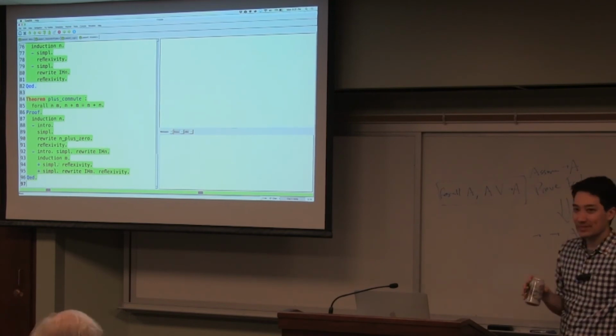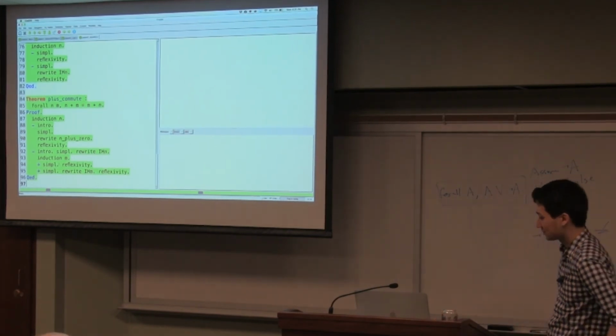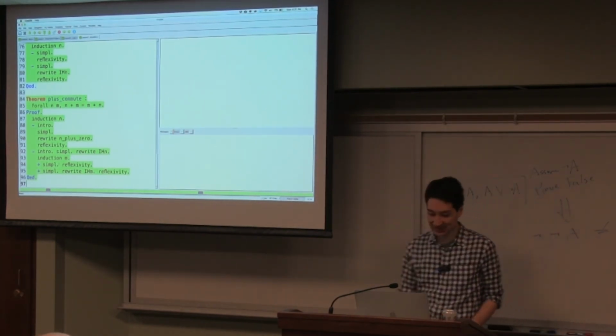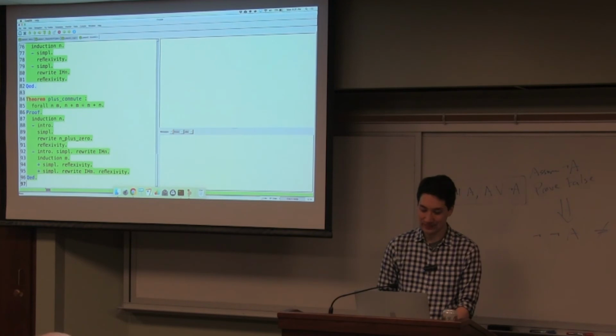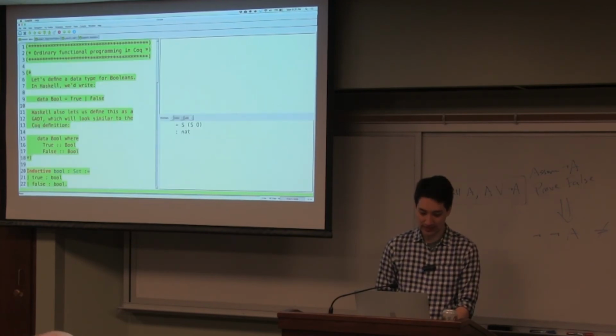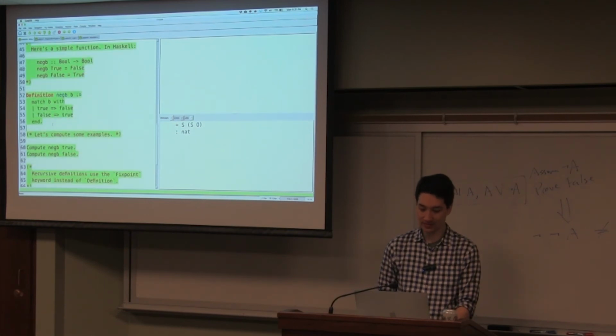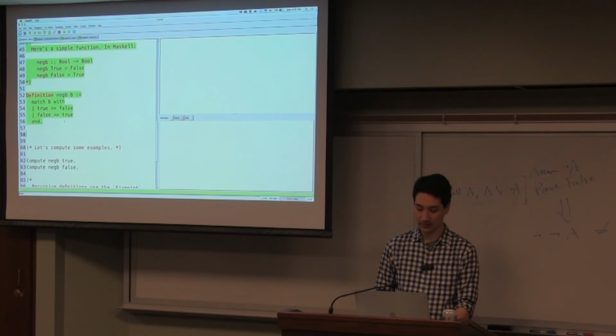Can you show what kind of code it generates when you extract? Yeah, if I can remember the syntax. Okay, let's find a function, like, say, neg b. How does it work?